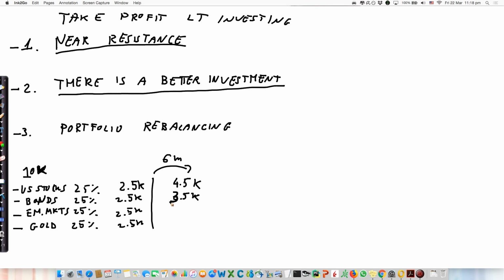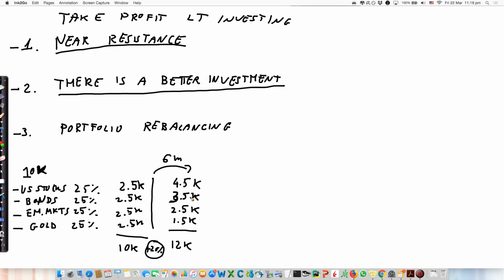Maybe emerging market is still the same, and let's say gold is at 1.5k. Now the portfolio here was 10k, remember. The value of the portfolio here is what? 12k. So you made a 20%.